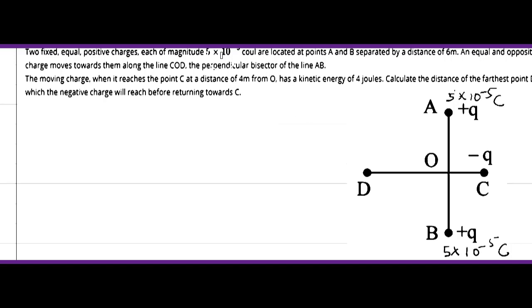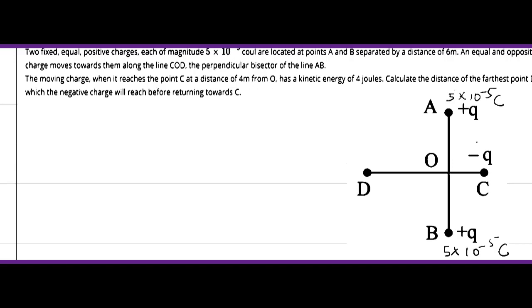In the figure, an equal and opposite charge means the magnitude of charge is 5 into 10 raised to minus 5 coulomb, but it is a negative charge, so this negative q is equal to minus 5 into 10 raised to minus 5 coulomb.